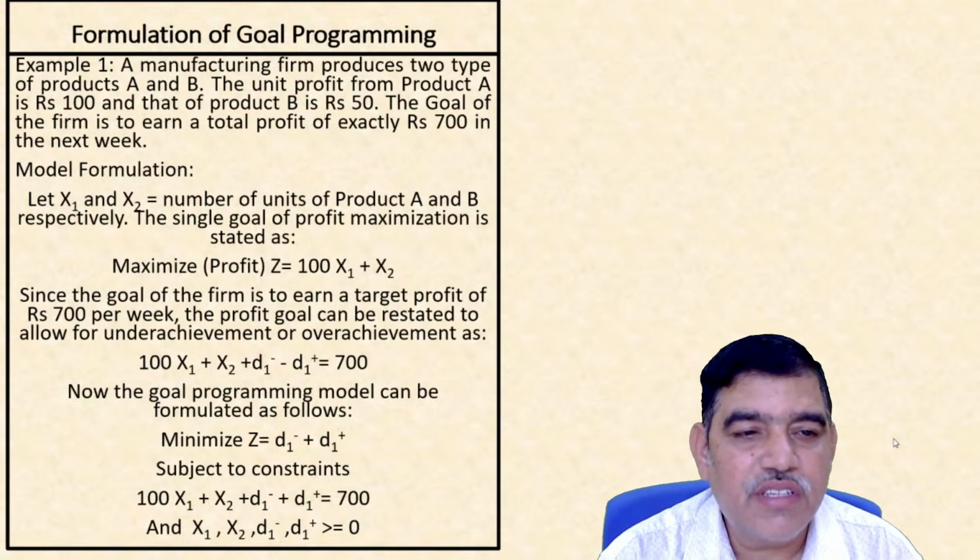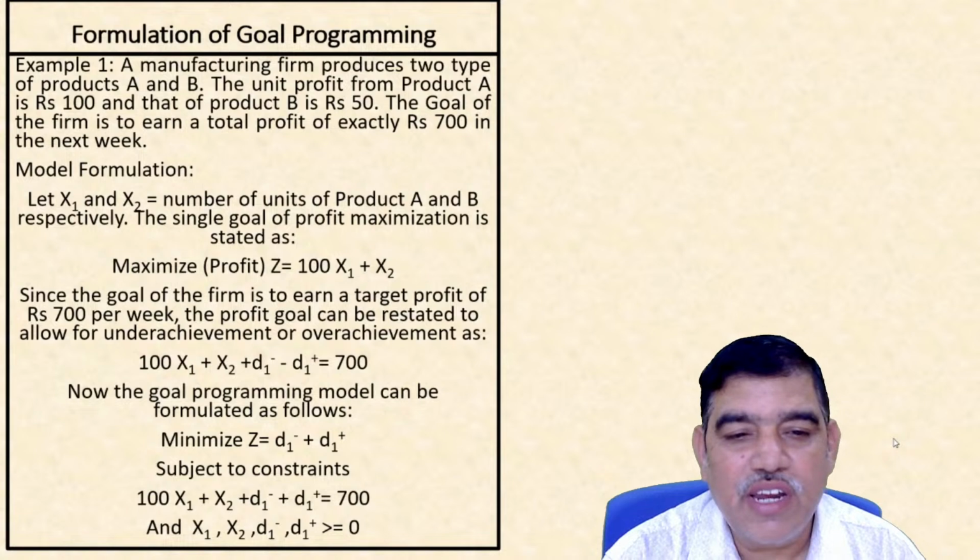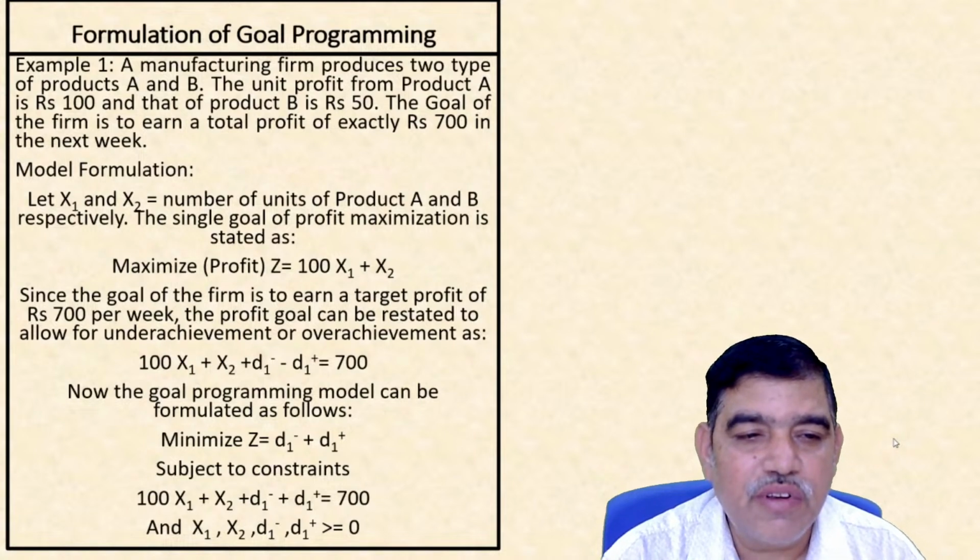But since the goal of the firm is to earn a target profit of rupees 700 per week, the profit goal can be restated to allow underachievement or overachievement. Underachievement and overachievement are known as deviational variables. One is the underachievement variable, another is the overachievement variable.